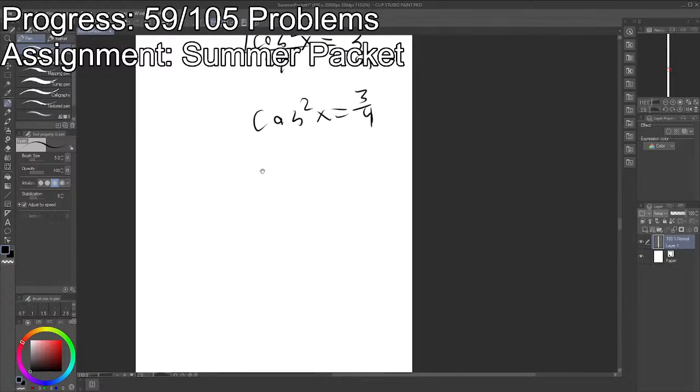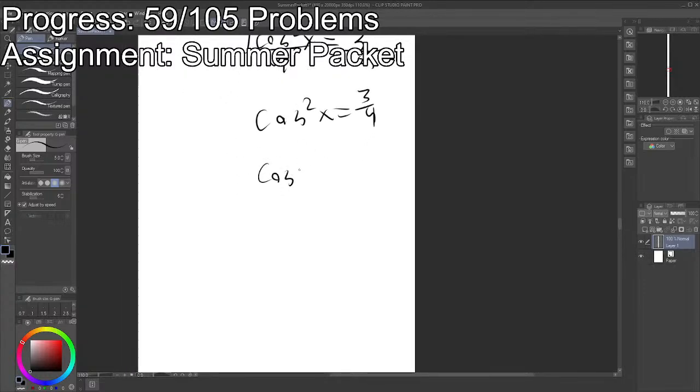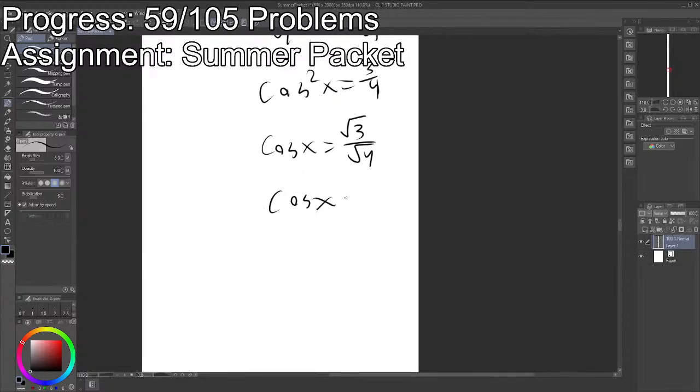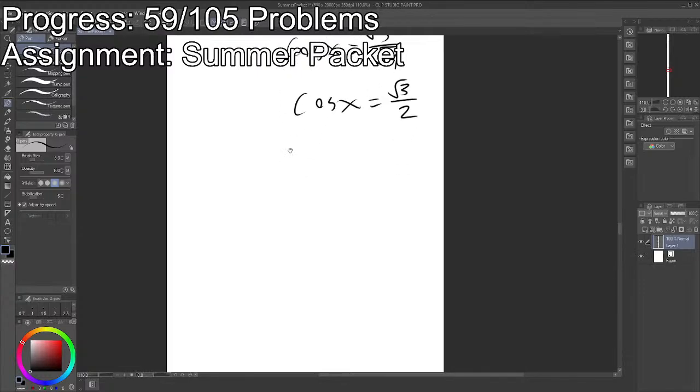Can I just... Alright, then I'll plug it into the inverse. Yeah, we'll try it. Why not? I probably did something completely wrong. I'm plugging it in right now. Square root of 3 divided by 2. Alright.